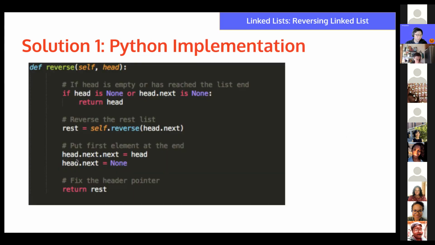And then this head is now the tail, and so its next pointer is going to become none. And then the cool thing is that because this function is supposed to return a pointer to the new head, to do that, we just return rest, because rest is the head of this reversed final part of the list.